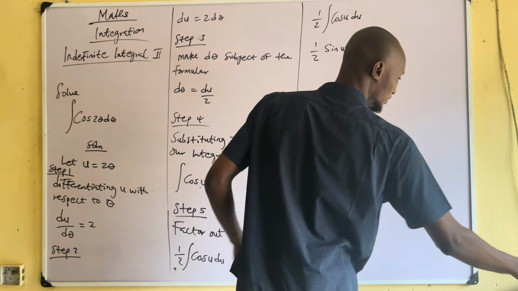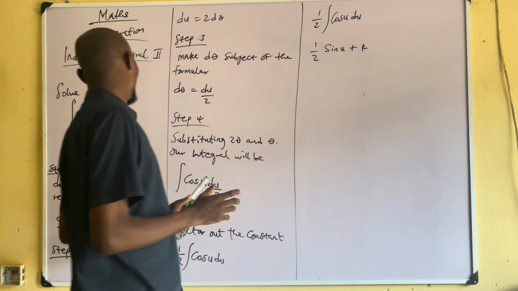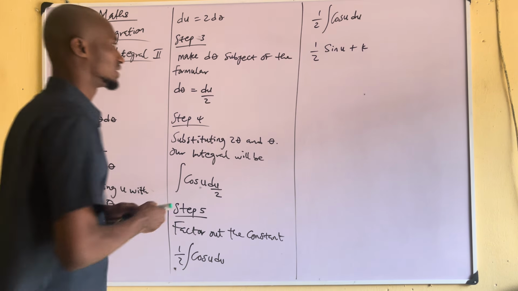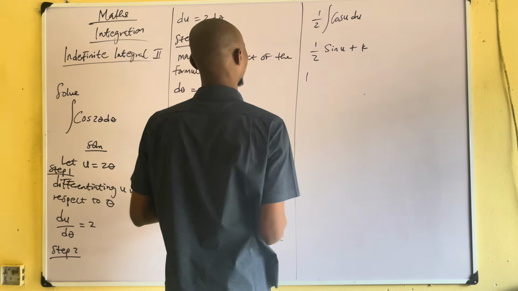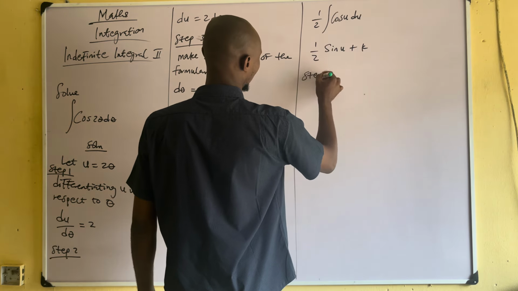Now, next step, you say replacing u with 2 theta. That is the last step, which is step 6.